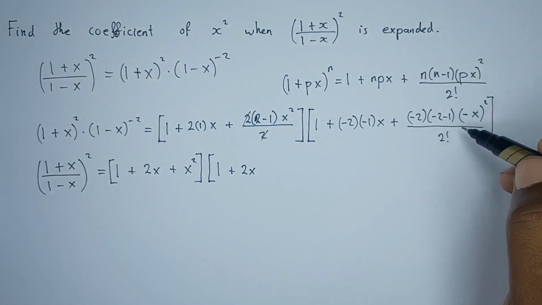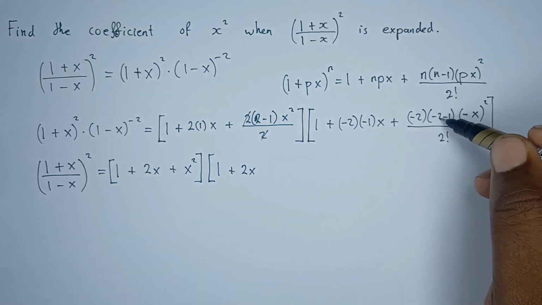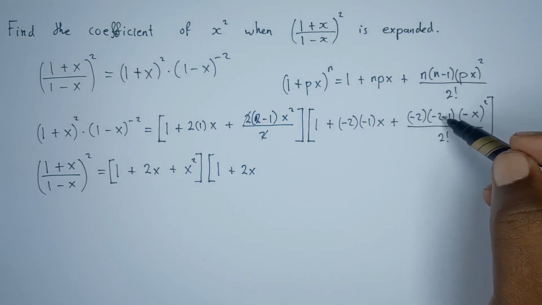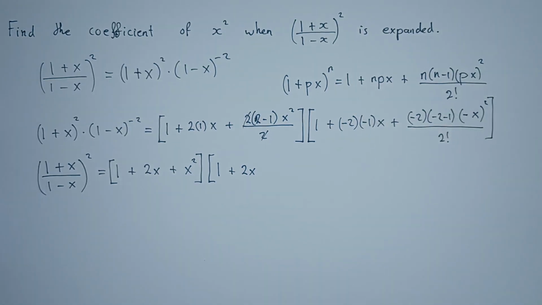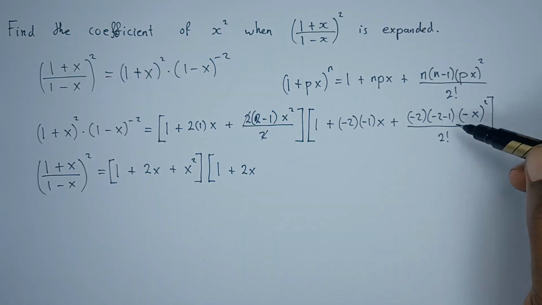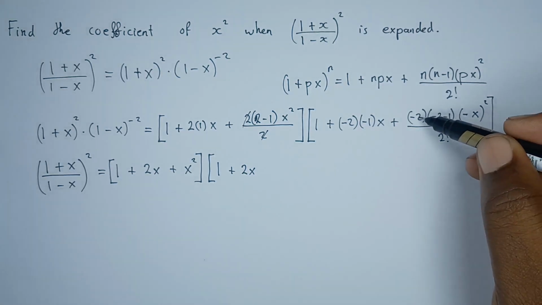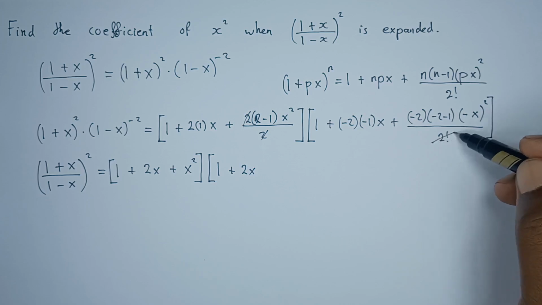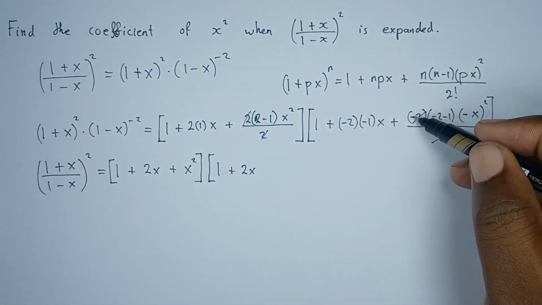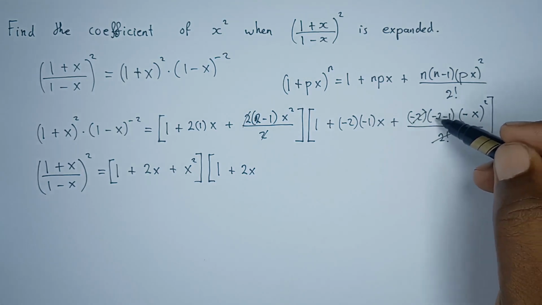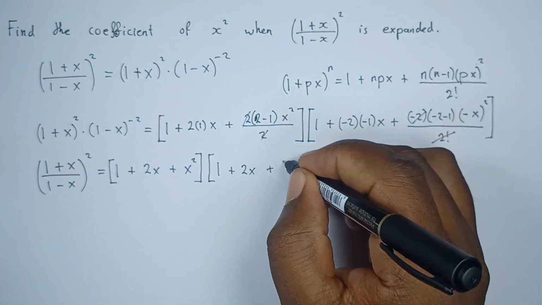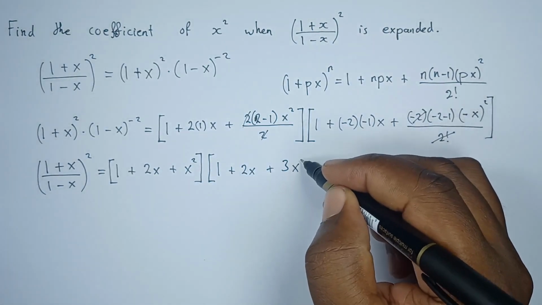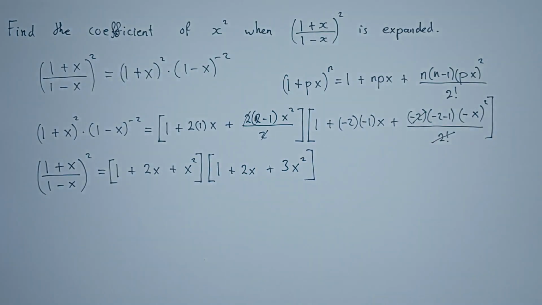Let's see what happens here: this will give us negative 3. Negative 3 times negative 2 becomes a positive value, so these 2s can cancel. The negative from these and the negative 3 become positive, so it is 3 times (negative x) squared. Since it's a square, it will just be 3x squared.